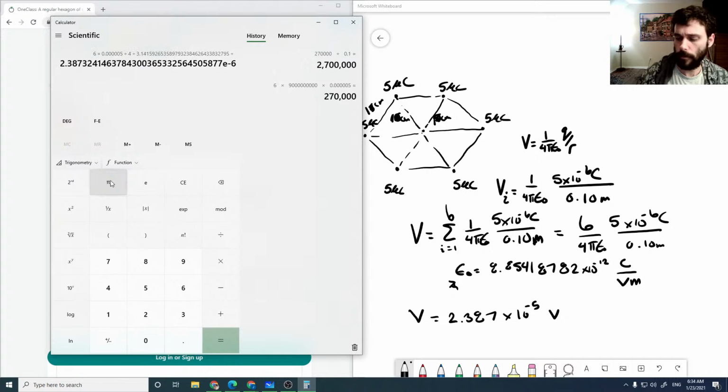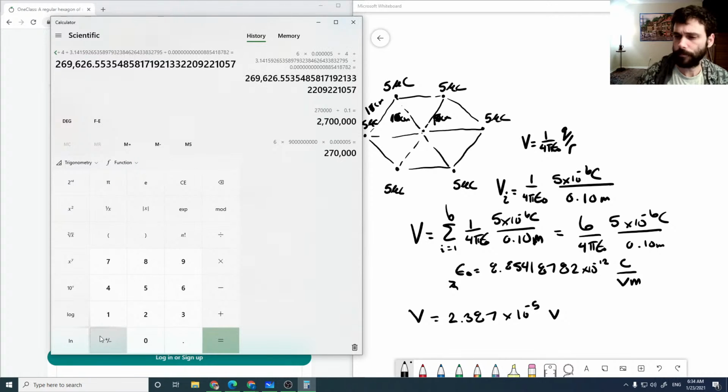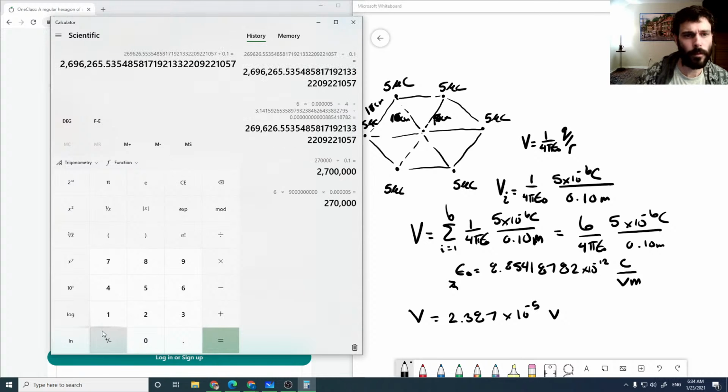Pi divided by 8.854. It looks like it's just the differing value of, oh no. I did something wrong there.